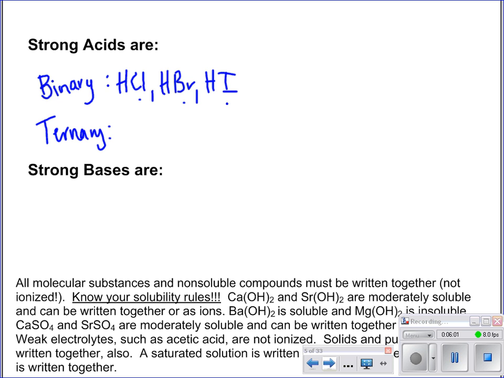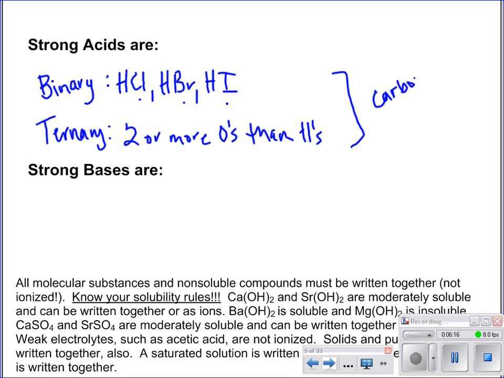What's the rule of thumb? 2 or more O's than H's. Y'all remember that from like 2 days ago? Yeah? Okay. And then what's always weak? Carbon containing acids are always weak.